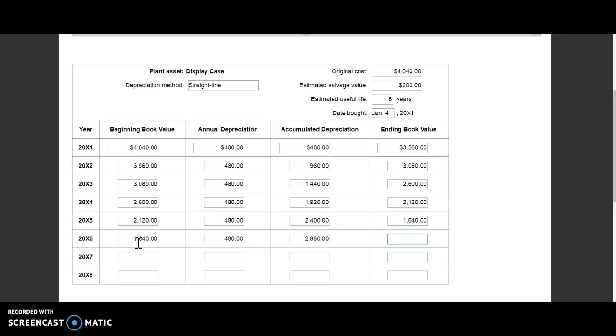Find our ending book value of year 6. Ending book value of year 6 becomes beginning book value of year 7. Depreciation stays the same. Figure out our new accumulated depreciation.